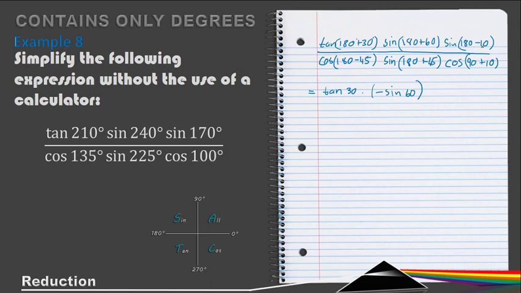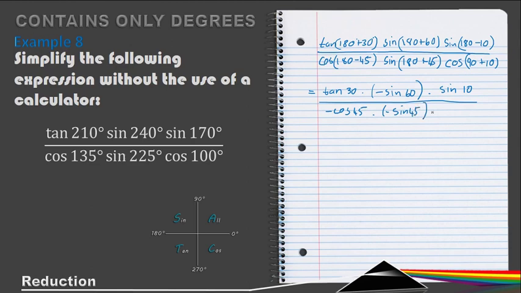And 180 minus is in sine's quadrant, so this is going to stay positive sine 10. Then cos 180 minus is in sine's quadrant, so this becomes negative cos 45 times by, so sine 180 plus is in tan's quadrant, so it becomes negative sine 45.